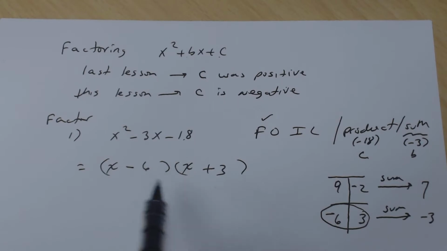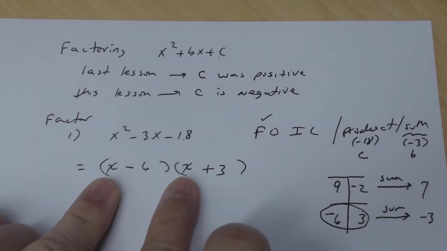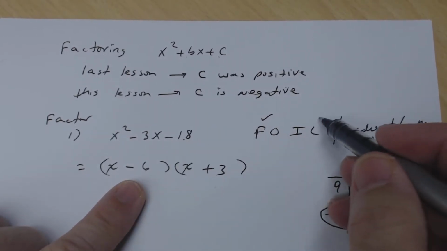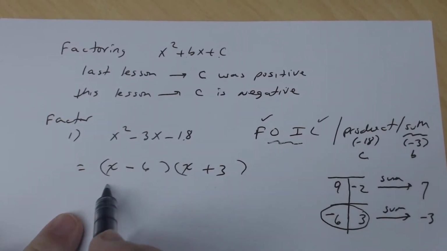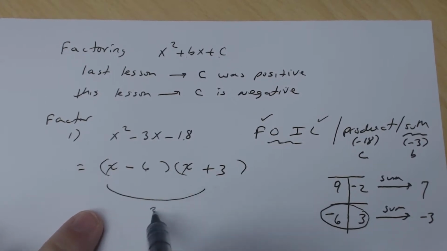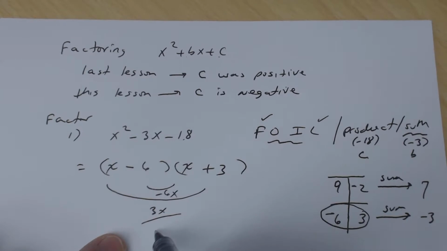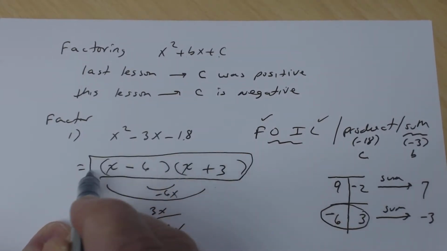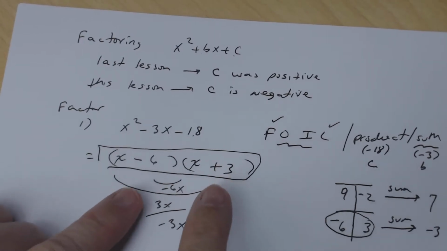Now before we go on, let's check this. Let's check the FOIL. x times x is x squared. The last, negative 6 times positive 3 is negative 18, so that works. And the outer and inner: my outer is 3x, my inner is negative 6x. When I add them up, I get negative 3x, and that's what you wanted. All right, now don't forget about the sign.